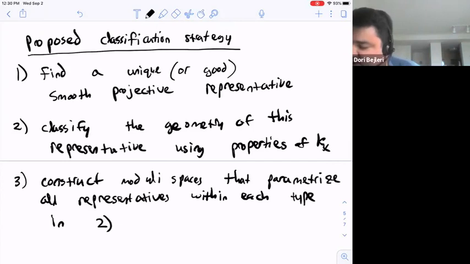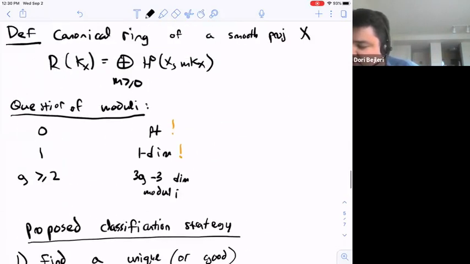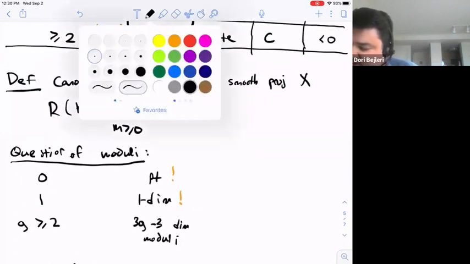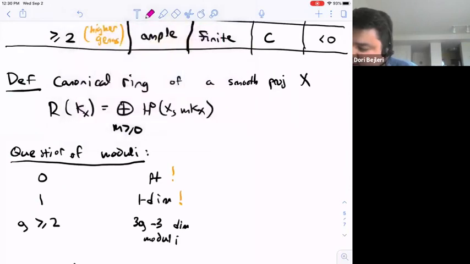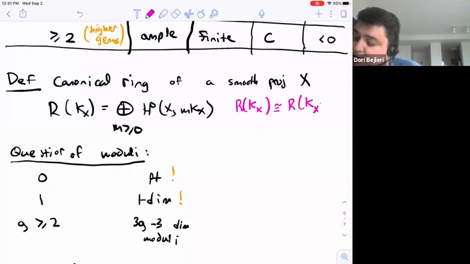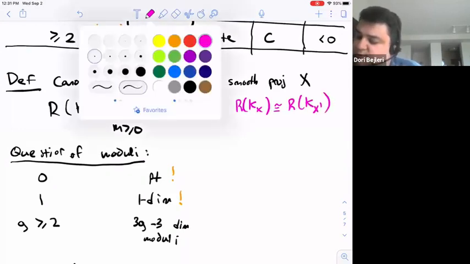And I actually forgot one thing about this canonical ring that I'll leave as an exercise, but I wanted to point out. These canonical rings are actually isomorphic whenever X and X prime are birational smooth projective.